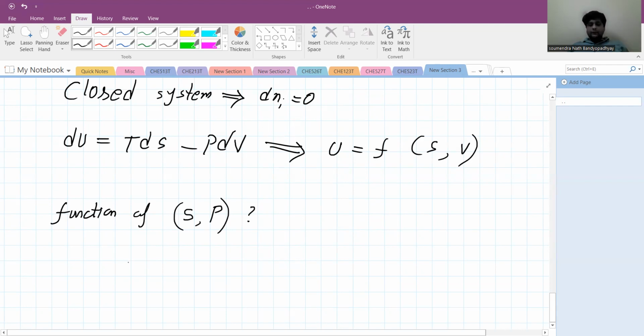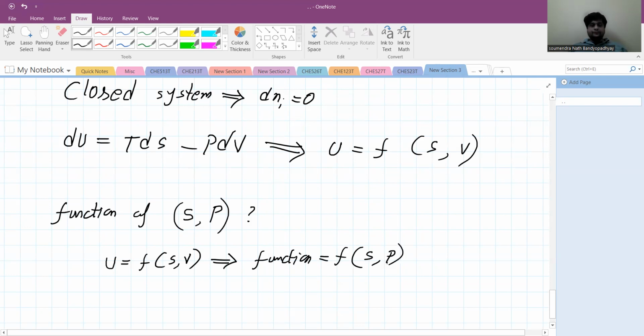For that you have to know a little bit of mathematics, but from a simpler point of view, let us say U was originally a function of entropy and volume, from which you want to generate a state function, by the way, which is a function of entropy and pressure.